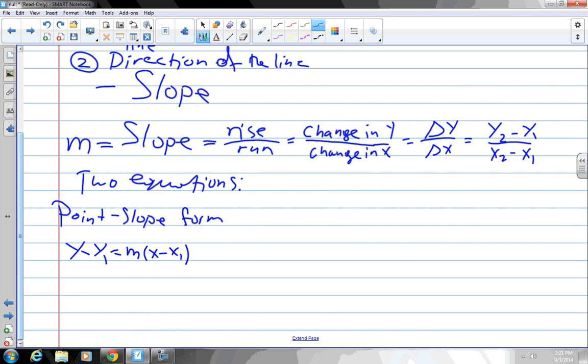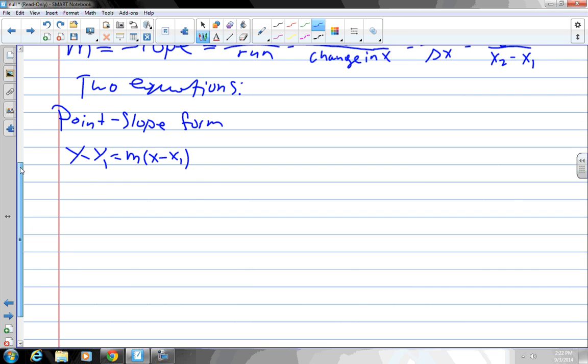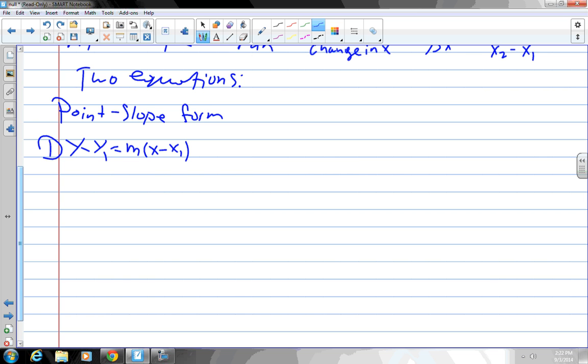That's the equation of the line, where x1, y1 is just some point on the line, m is the slope, and x and y are your independent and dependent variables. Have any of you seen that thing? All right. Now, another equation of a line is called slope-intercept form. And that's your favorite, y equals mx plus b.